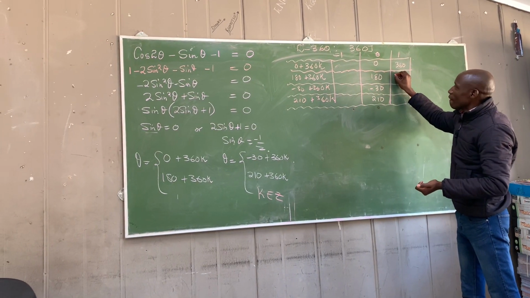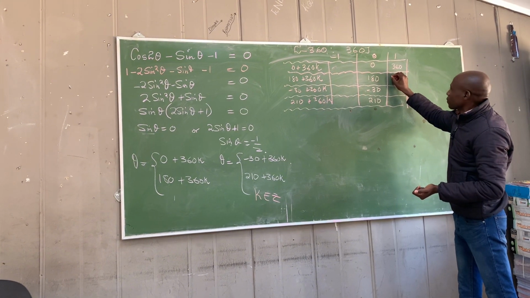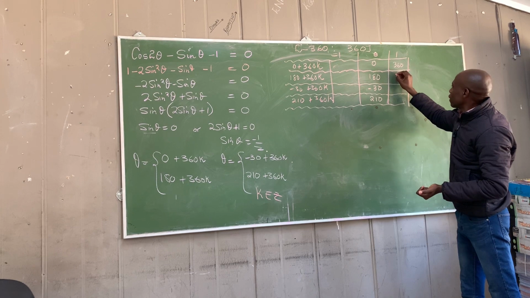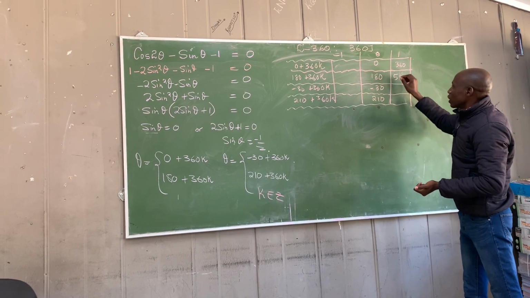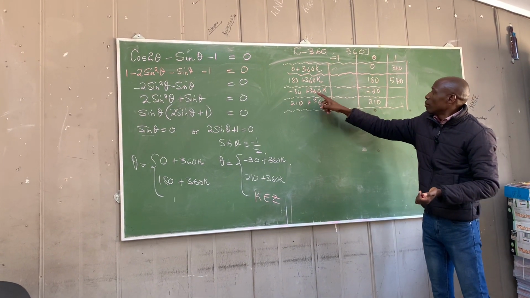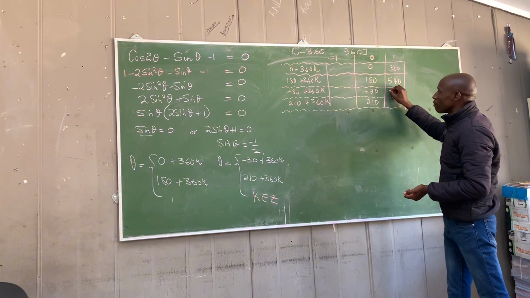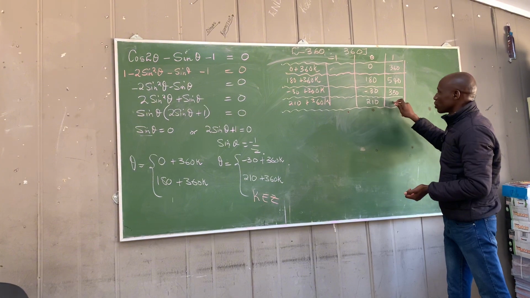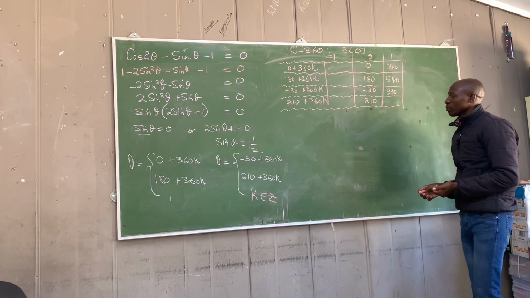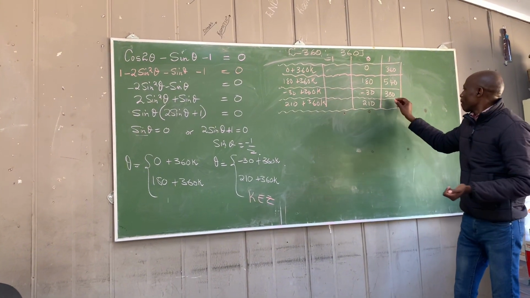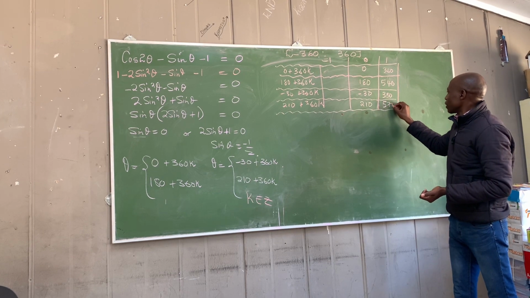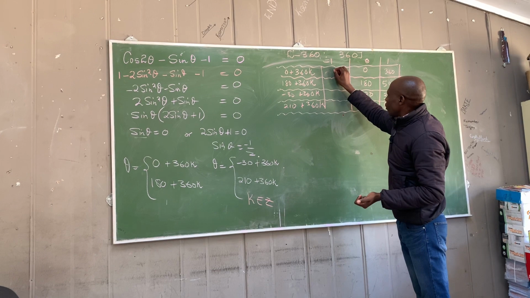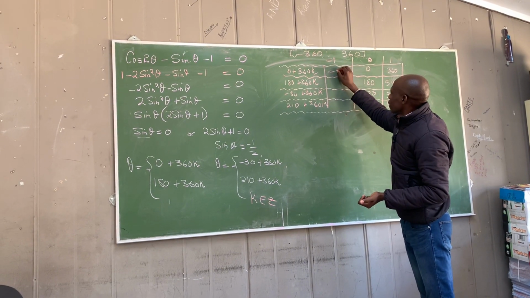This one will be 360 plus 180. What will it be? That would be 540, and then 360 minus 30, that would be 330, and this one, 360 plus 210, 570, and then back again to -1. This is still our negative 360.